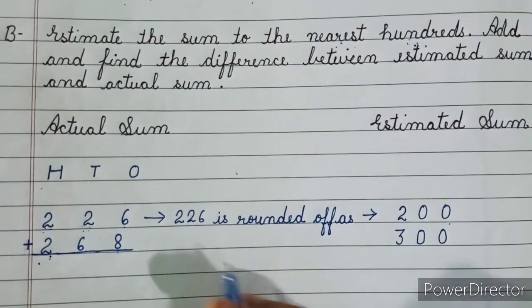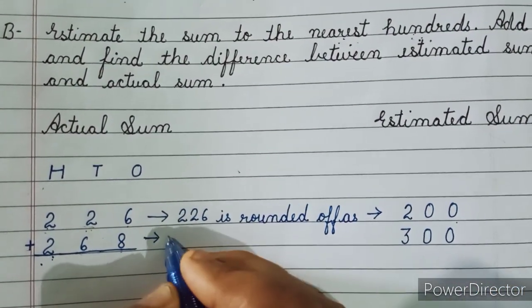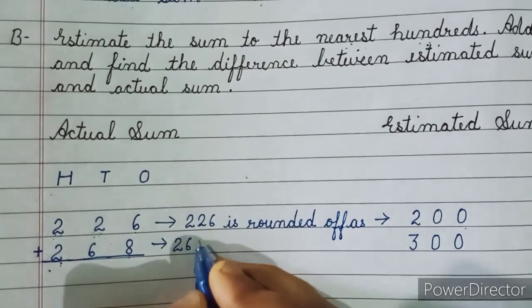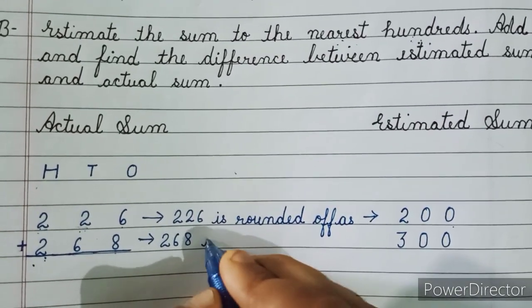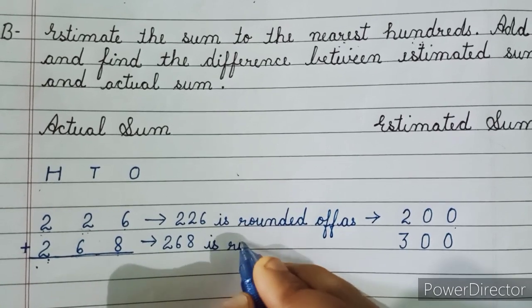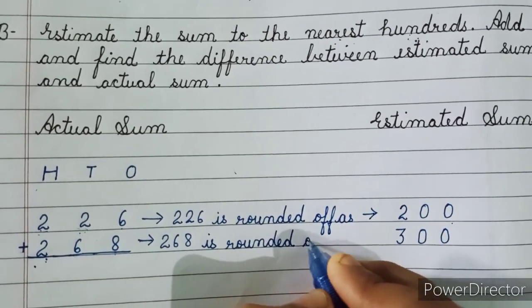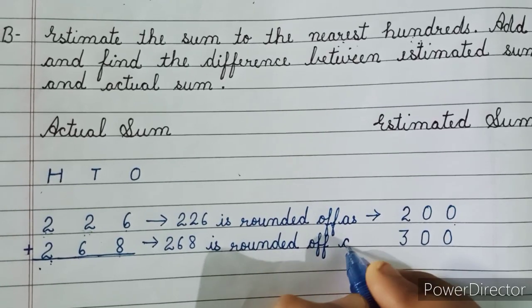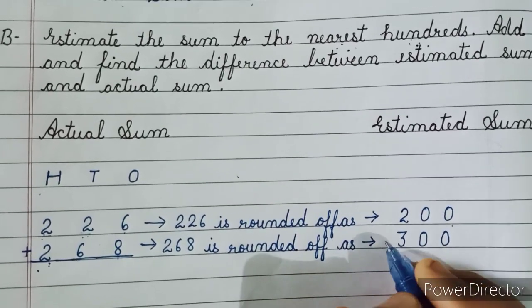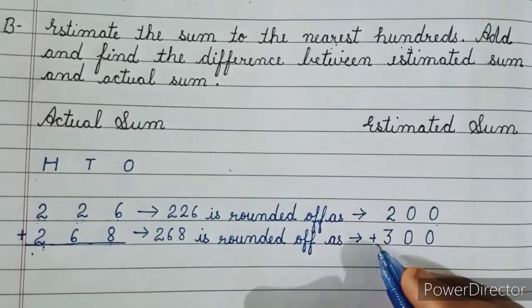So 268 is rounded off as 300. We will write here 268 is rounded off as 300. Clear, students? Let's add.